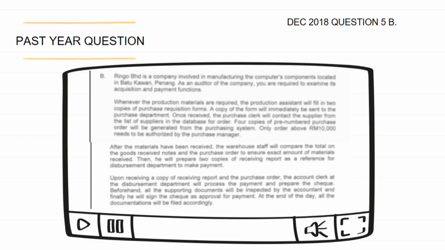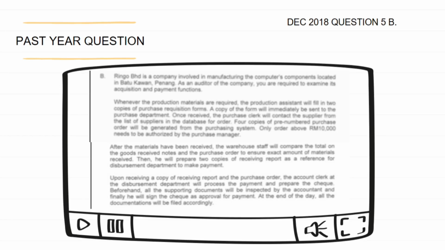After the materials have been received, the warehouse staff will compare the total on the goods received notes and the purchase order to ensure the exact amount of materials received. Then he will prepare 2 copies of receiving report as a reference for the disbursement department to make payment.